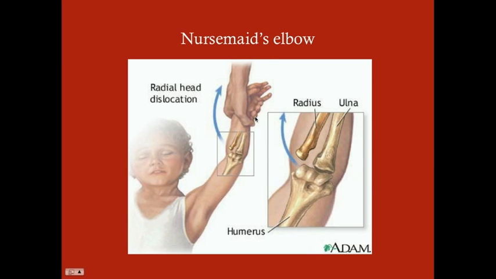So Nursemaid's elbow is a dislocation of the radial head, but it's just a slight dislocation in as much as it slips underneath the annular ligament. So what you have is a parent or a caretaker that is holding the kid's hand and just maybe applies a slight force to that radial head, and it's just enough to get the radial head to kind of slip a little bit out of the annular ligament.